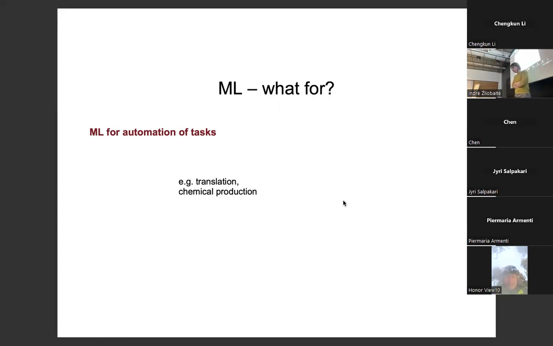So the largest, probably the majority of models in practice, and quite a large part in academic context as well, are machine learning for automation tasks, we may think. That's something that humans can do, but models would do either more effectively or faster or more efficiently or alike.